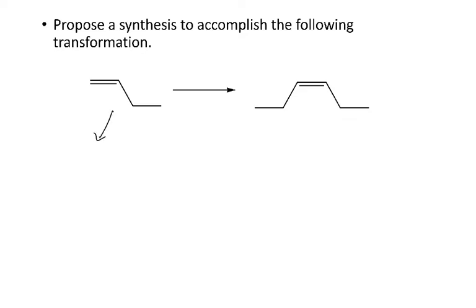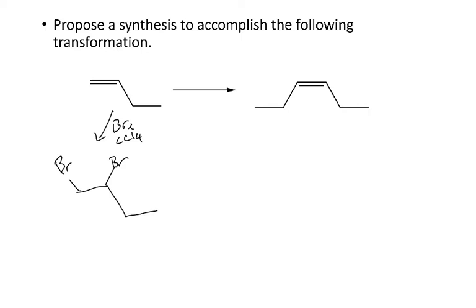So if we react it with Br2 and a solvent we often use for halogenation, carbon tetrachloride, that's going to give me an alkyl dihalide.